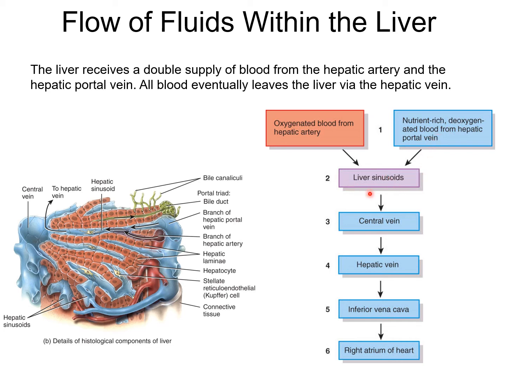Hepatocytes and macrophages do their job sitting alongside the sinusoids, and the blood is drained out from the liver first through the central vein, but then to hepatic vein and eventually into the inferior vena cava.